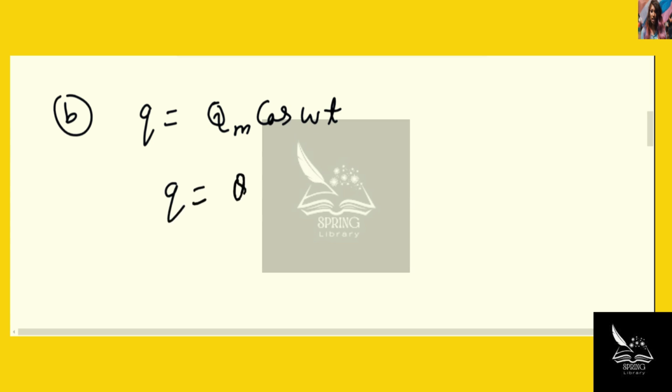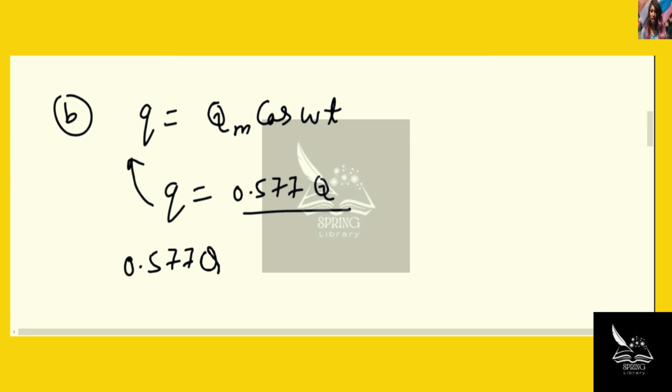When Q becomes 0.577 Q max, if we put this value here and solve, it is equal to Q max cos omega t. That means cos of omega t is equal to 0.577.